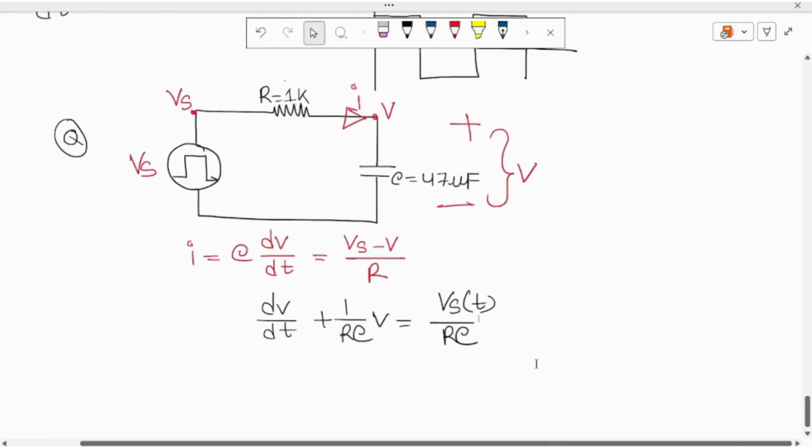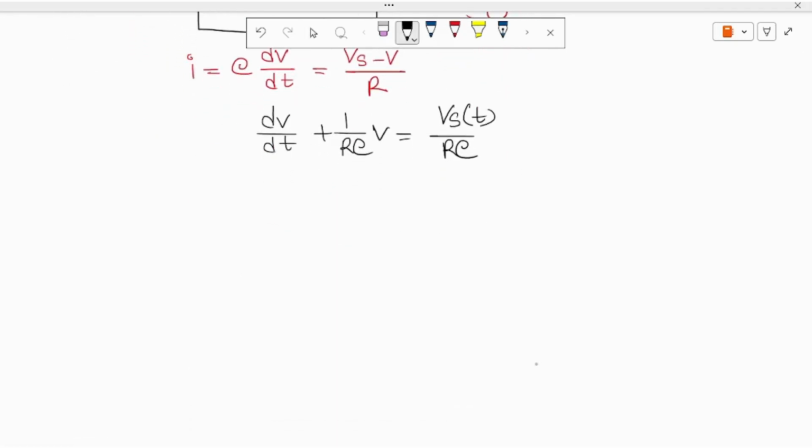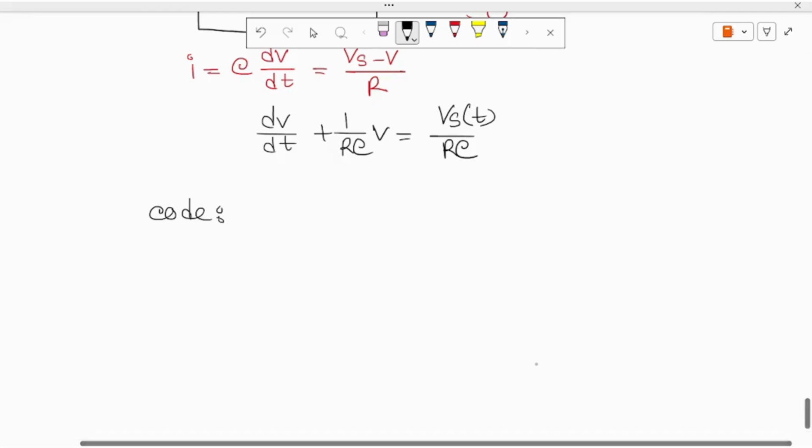So in my code what I will do, first R is equal to 1K, C is equal to 47 microfarad, and then I have to choose a small dt. So theoretically dt tends to 0, right?